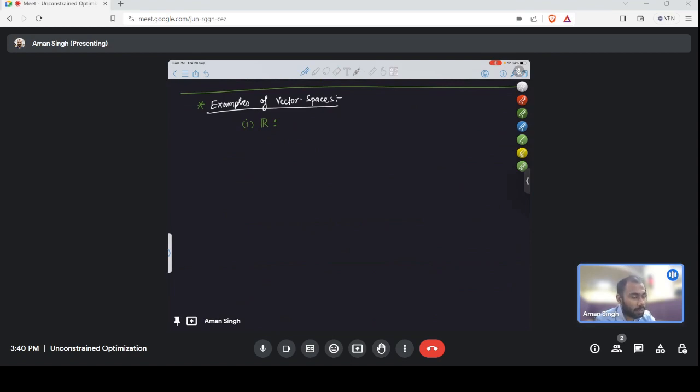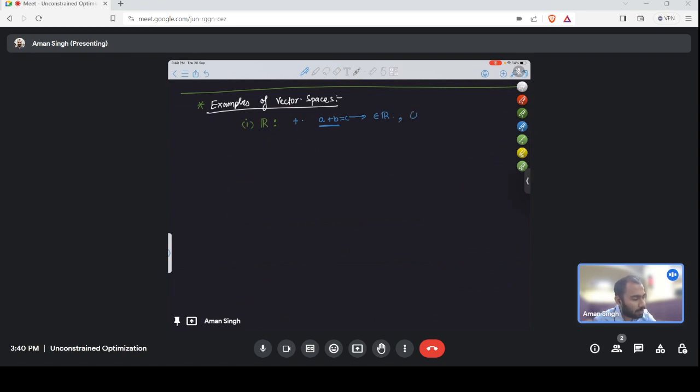So it turns out that if we define addition as a plus b equal to c, then c belongs to R. This is true. It also follows all those properties that we saw of additive associativity, commutativity.